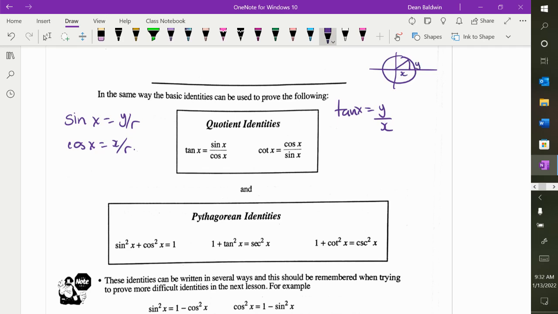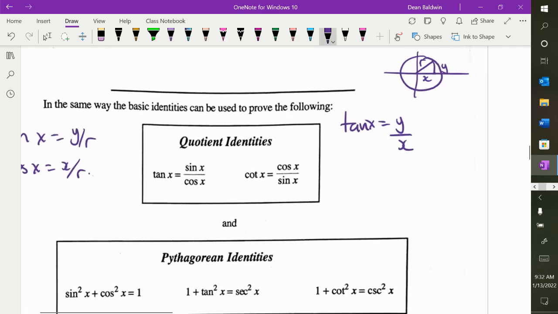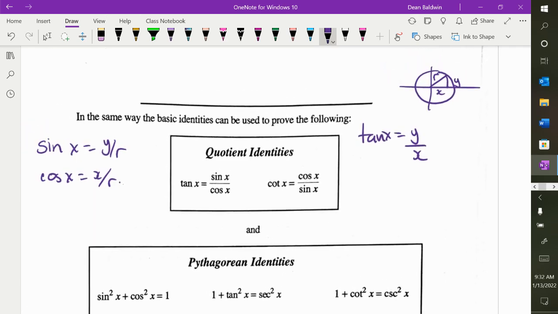You don't have to memorize any of this bit. Sine is opposite over hypotenuse, y over r. That's where that comes from. So tan is y over x. I can rewrite this as y is equal to r sine x. All I did was multiply the r up here.